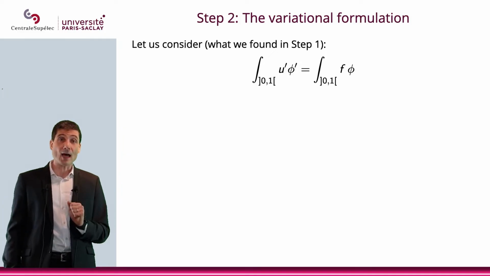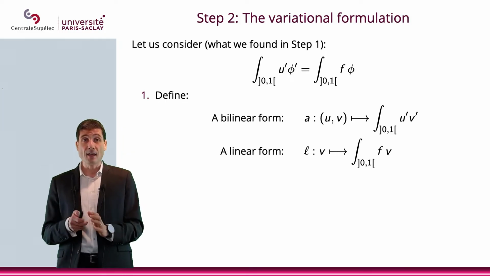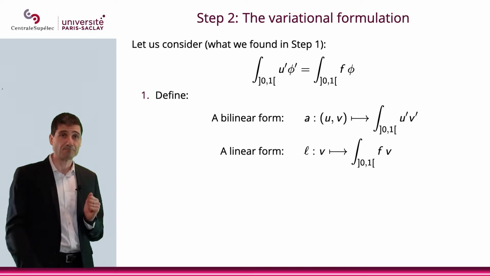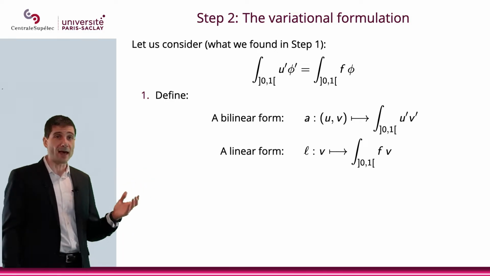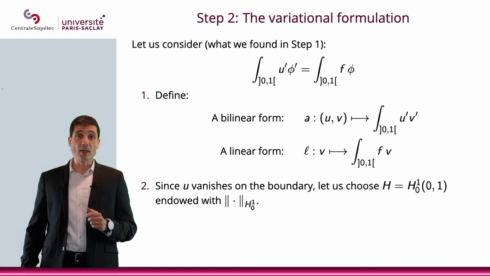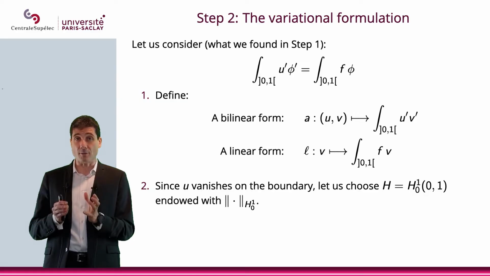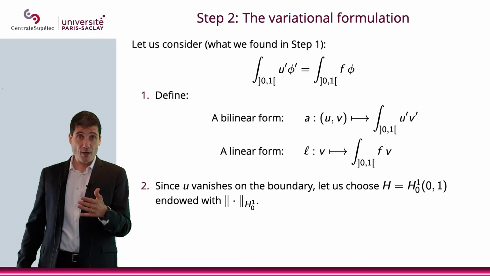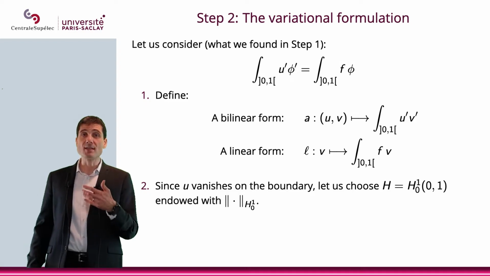Okay, now what I will do is define a bilinear form A, which is basically the left-hand side, and a linear form L, which is basically the right-hand side. And then, since u vanishes on the boundary, I will choose a space H that will be H10.